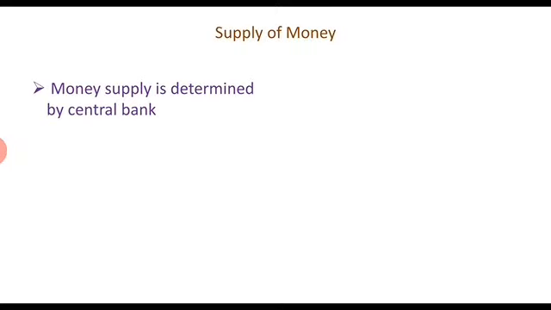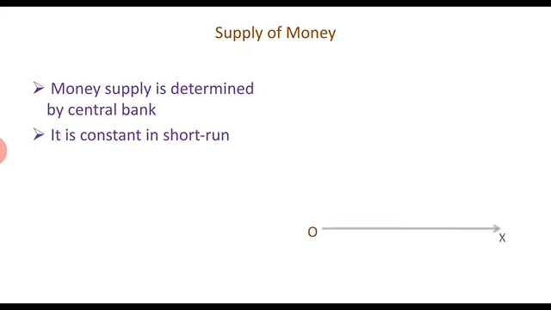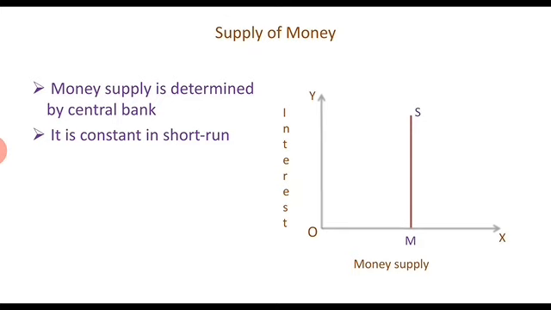Supply of money. According to J.M. Keynes, money supply is determined by the central bank. It is constant in the short-term period. In this diagram, money supply is shown on the x-axis, rate of interest is shown on the y-axis. The MS curve is the money supply curve.